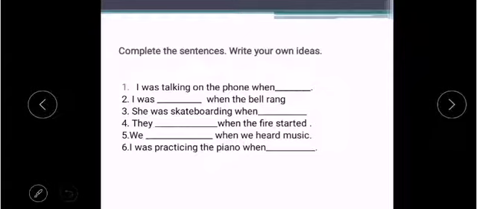I was talking on the phone when, meaning I was talking on the phone when. Here you can use whatever you want. Here we put simple past, as we mentioned, because the ing came with I was talking. I was blank when the bell rang. What were you doing? Any verb that suits you, you can put it.